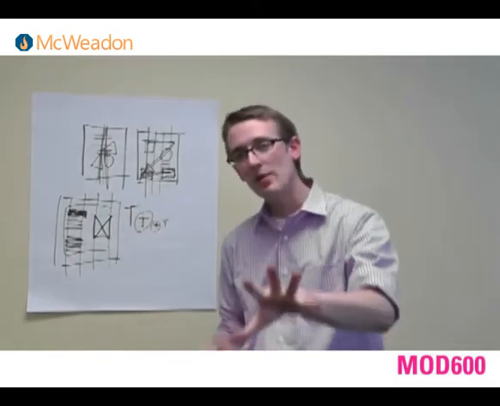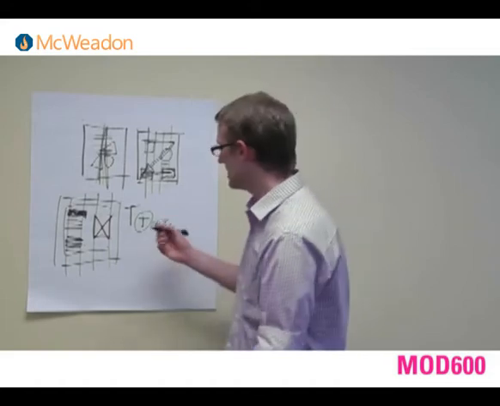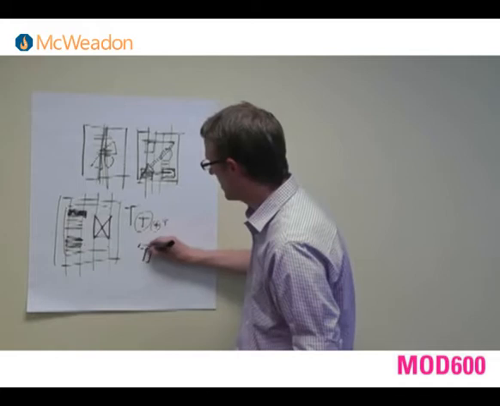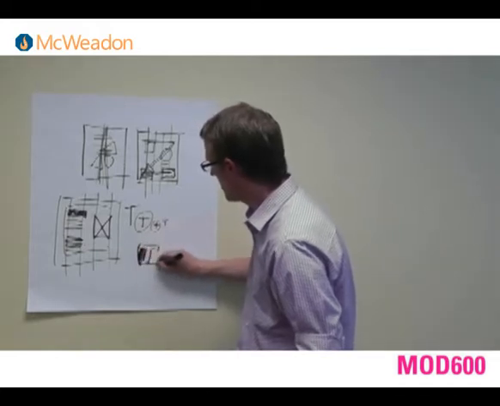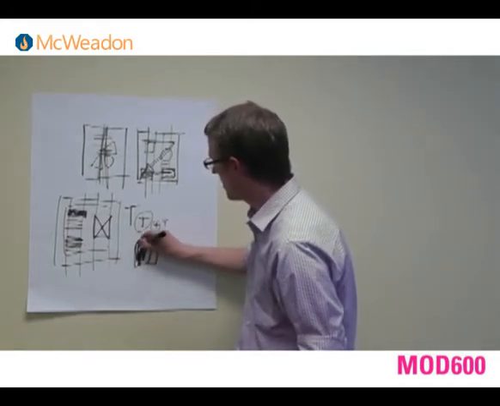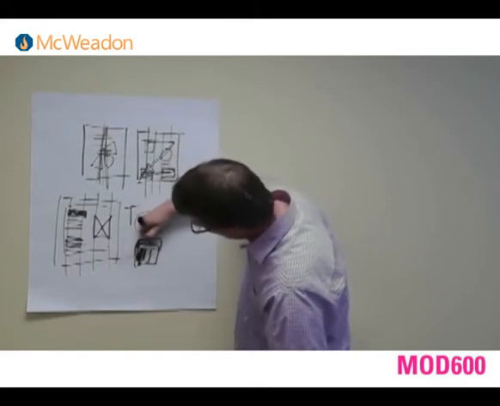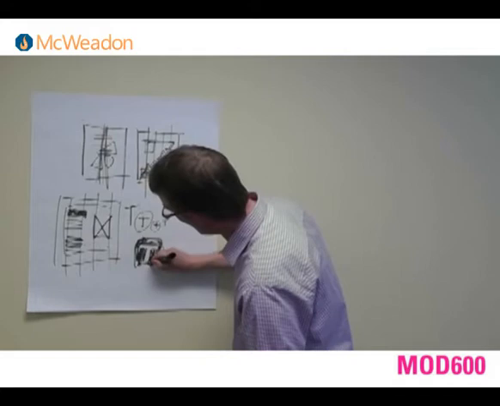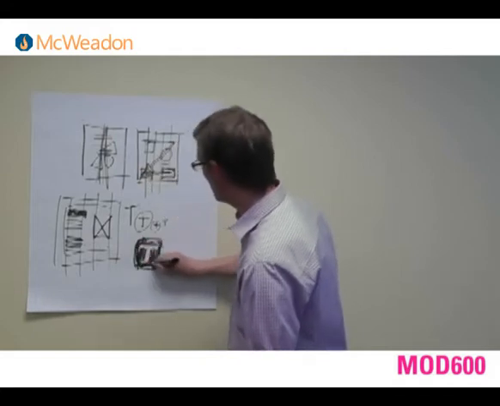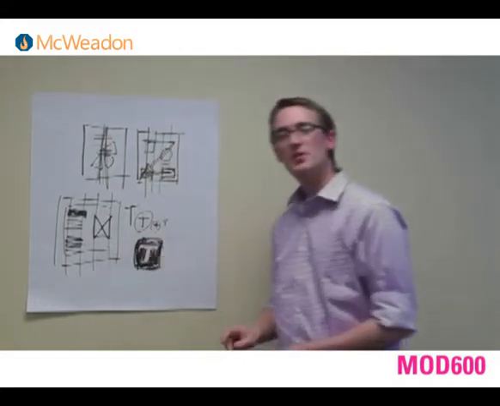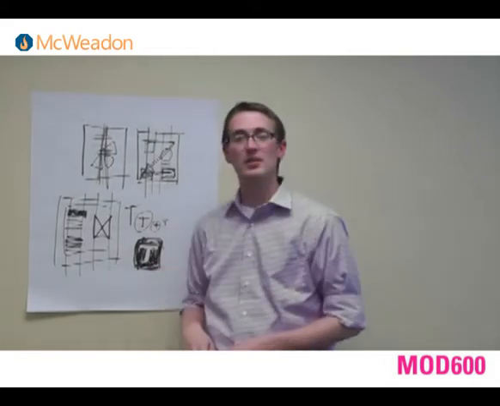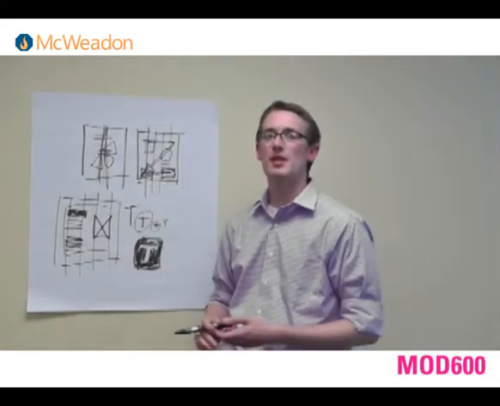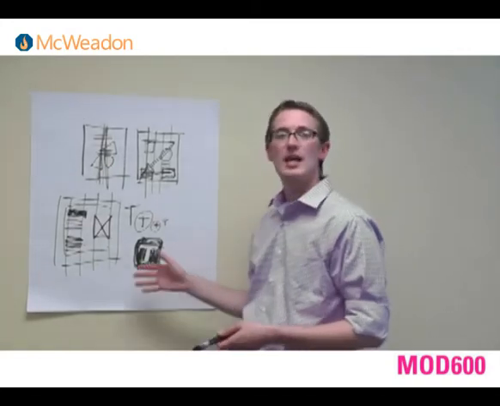Now you can play with figure ground. Often you'll see the most basic one is, let me sketch this out here. This is kind of crude, but if you see white type on a black background, that's a figure ground reversal, and you can play with that to create even more contrast.